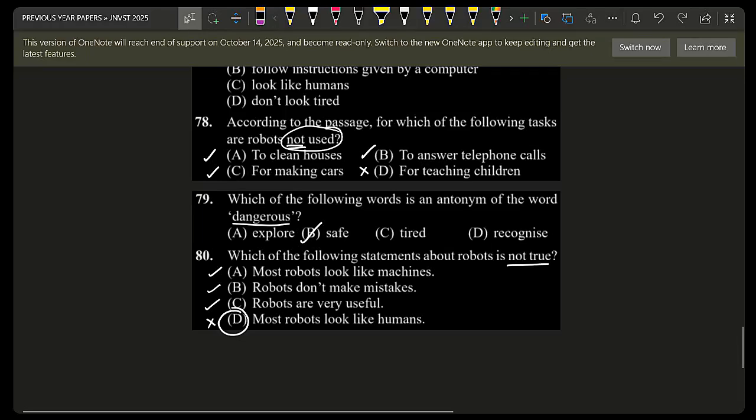Okay, so English is done and we will start discussing mathematics. The arithmetic test, the first question we'll take now.